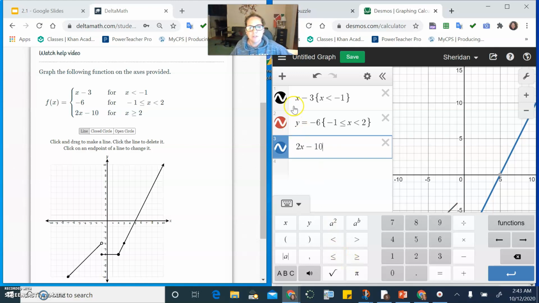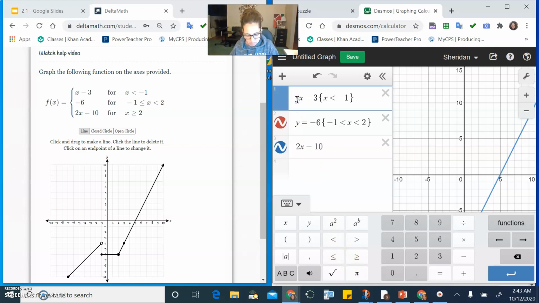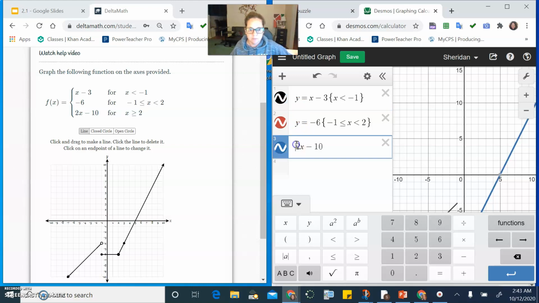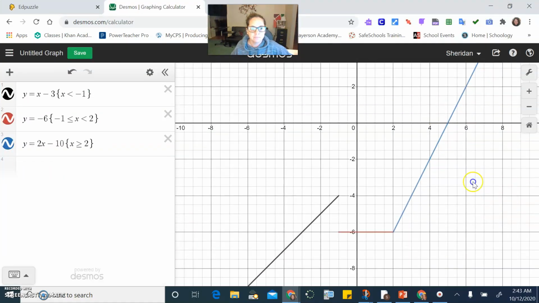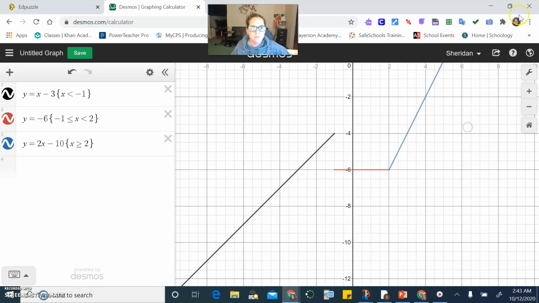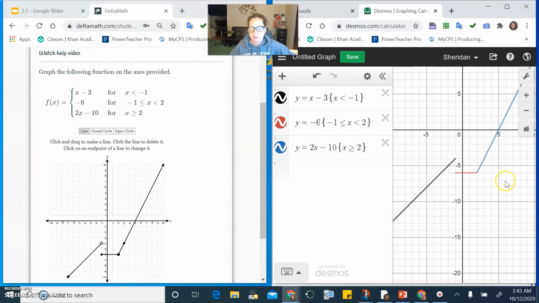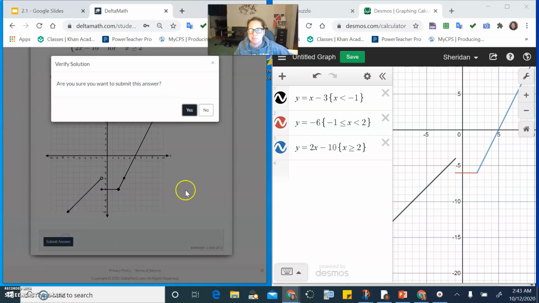Oh, and I should get in the habit of typing in y equals so you guys can feel the glory. This is an equation. All right, let's see what this guy looks like. There she blows. So there it is. Whoa, it looks pretty darn good. I think we're good.